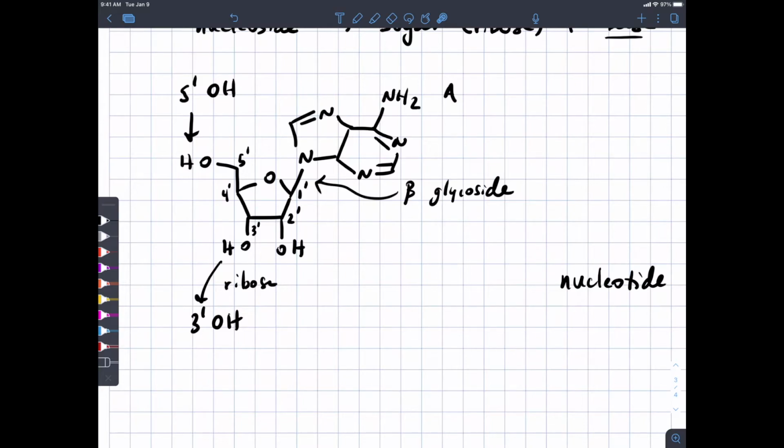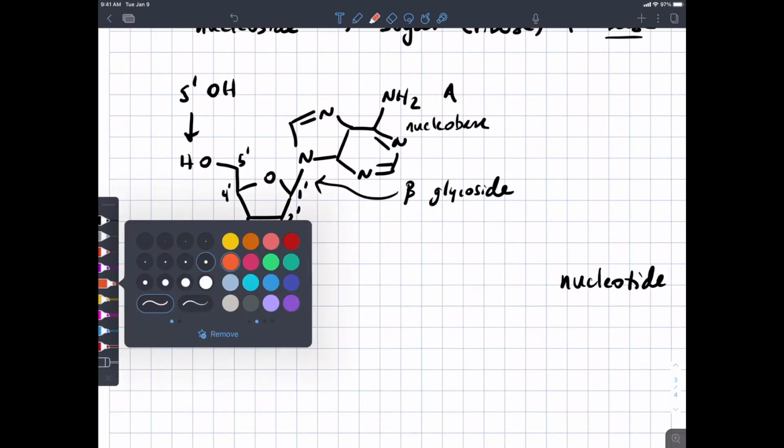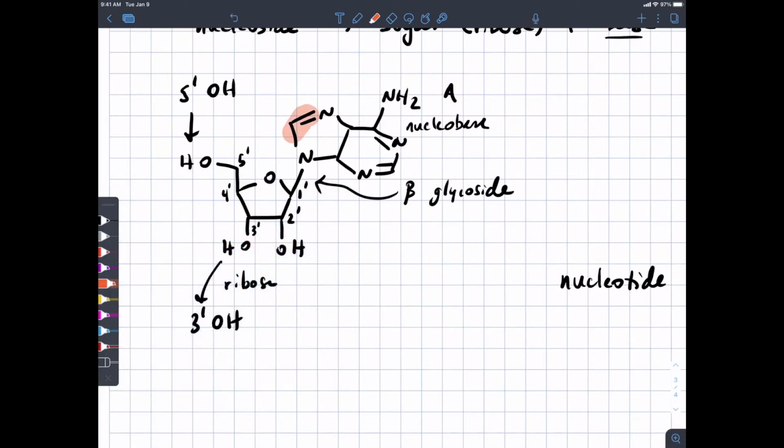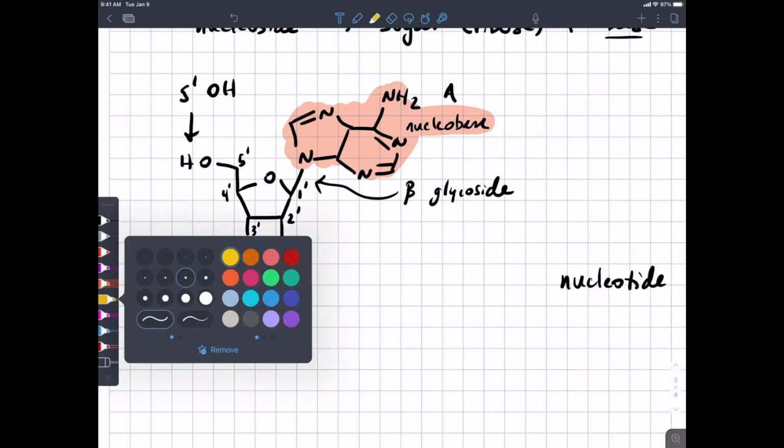Okay, so when we're attached to the sugar, it's a glycoside, but because you have this nucleobase, which I guess maybe we'll highlight in orange. You've got the nucleobase here, and then you have the ribose portion here.